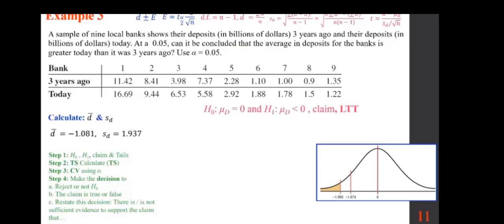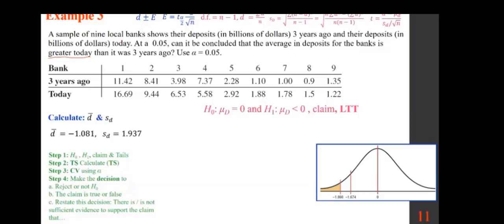Let me be clear how we arrive at that. You have two choices. If you subtract the third from the second, it becomes a left tail test. If you subtract the other way around, the second from the third, it becomes greater than.